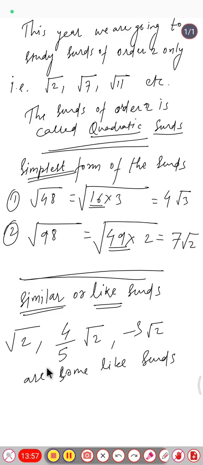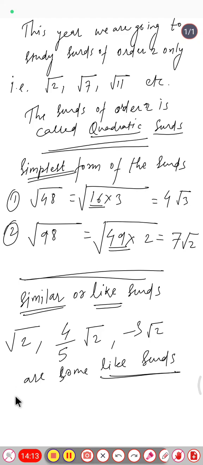So p and q are rational numbers, and inside the surd the number is the same, so that's why we can say they are like surds.